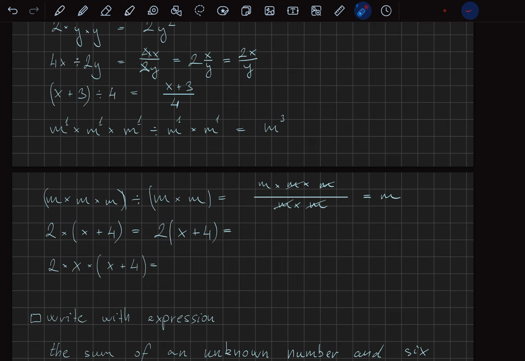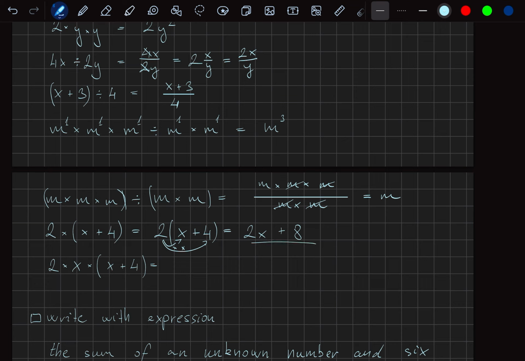Next problem, 2 times x plus 4. We can just leave out the multiplication sign if we have brackets. So I just open the bracket. If I need to open the bracket, I multiply into the bracket. So 2 times x, it's 2x, plus 2 times 4, it's 8.